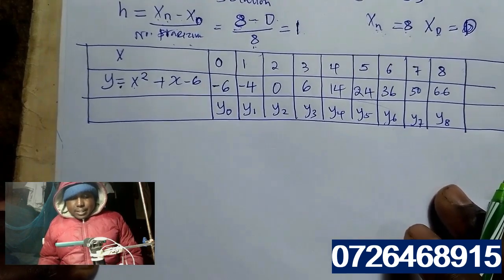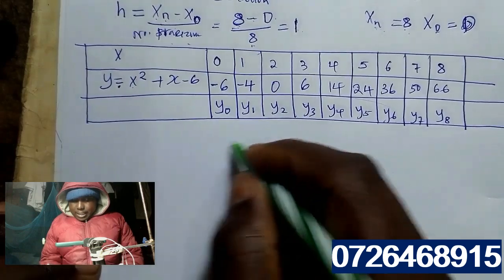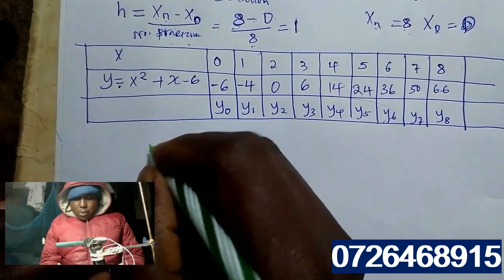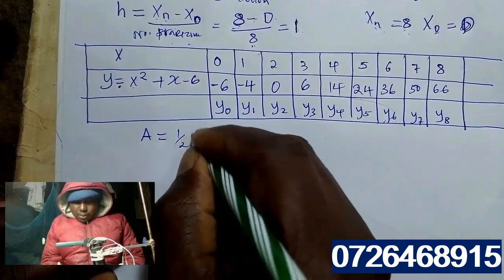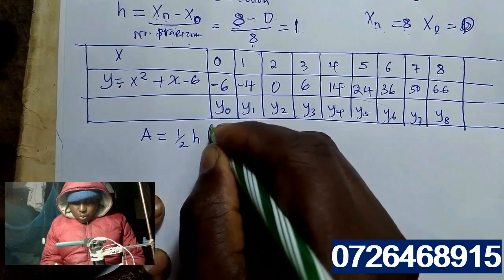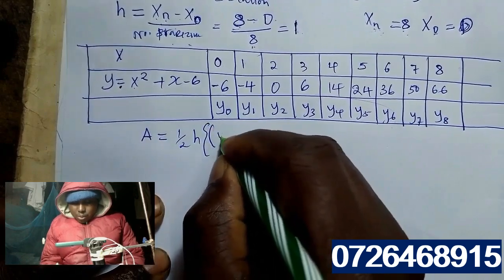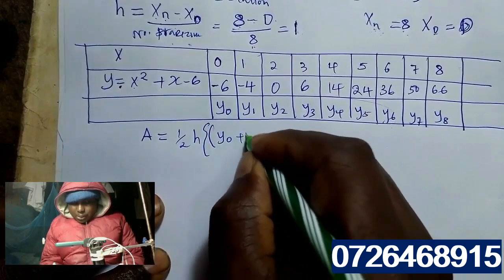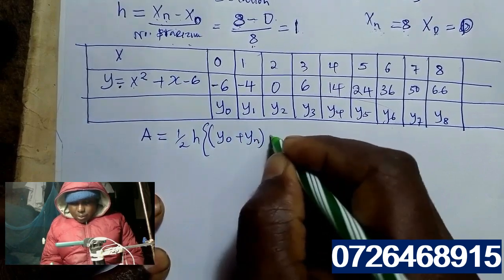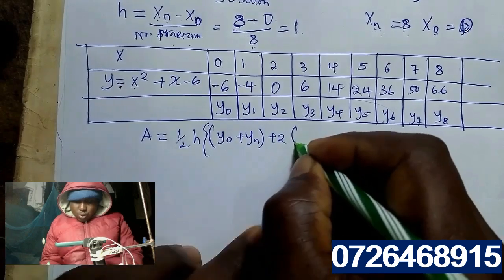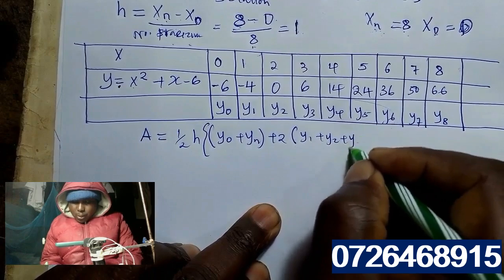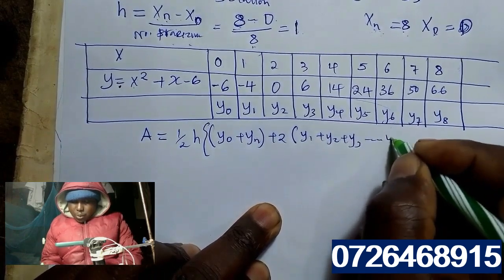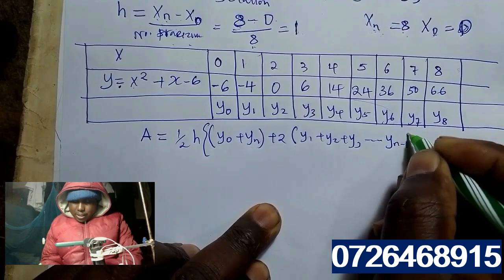Next, now is to apply the formula. The formula says area is equal to a half h into, open bracket, y naught plus yn, close the bracket, plus 2 into y1 plus y2 plus y3 all the way to yn minus 1.